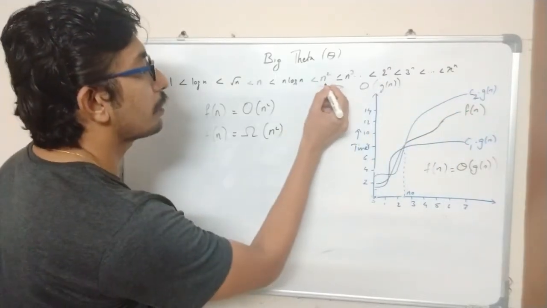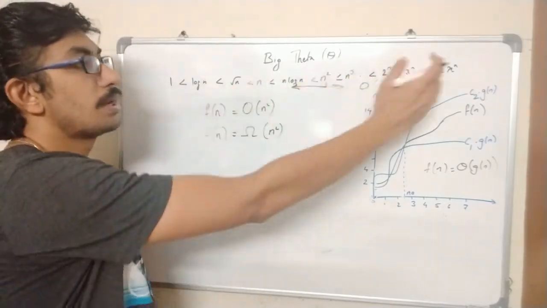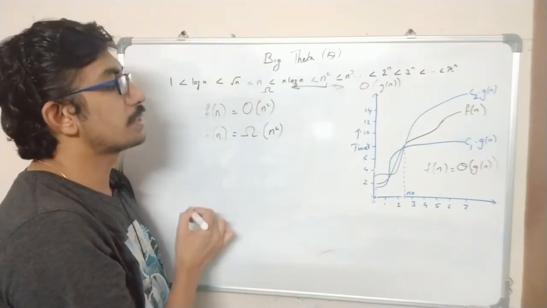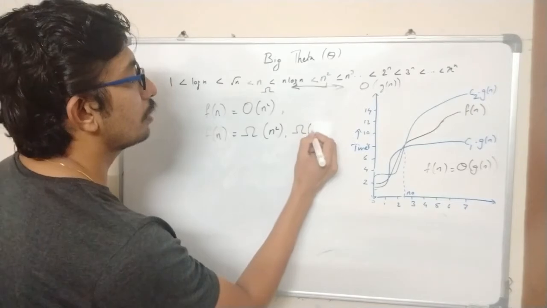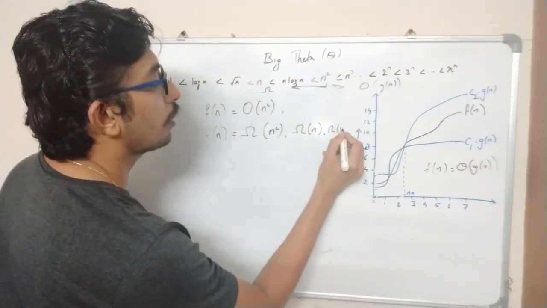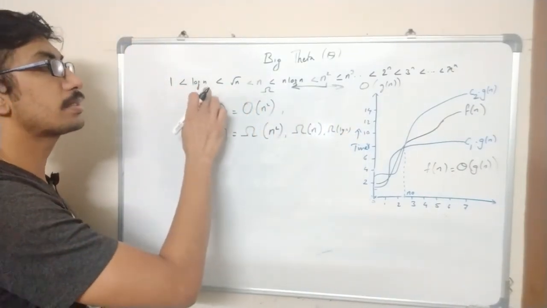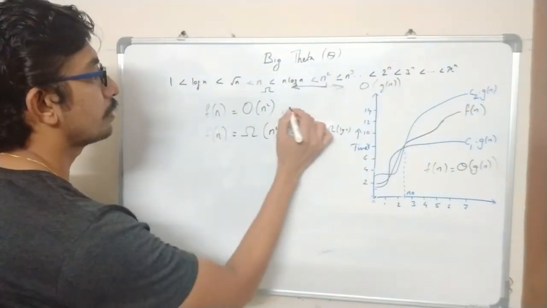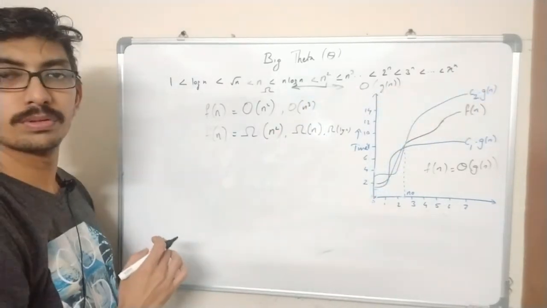So from n square onwards, anything to the left of this increasing order of complexity will be big omega. So if you write big omega of n, this will also be true. And if you write big omega of log n, that also will be true, which means it will take at least log n of time, or anything above that. Similarly, here you can say order of n cube. Anything to the right is true for that.